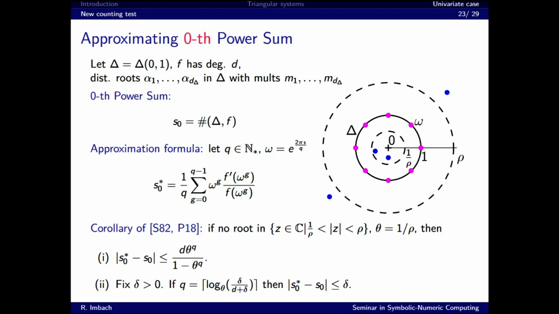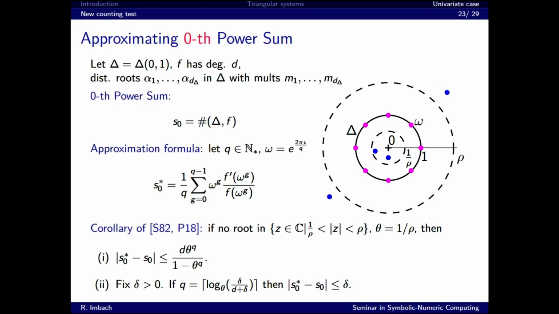And now, if we are given an error delta to which we want to approximate the number of roots, we can deduce the number of points on which we have to evaluate the polynomials with this formula, and we obtain a S0 star that approximates S0 with an error less than delta.